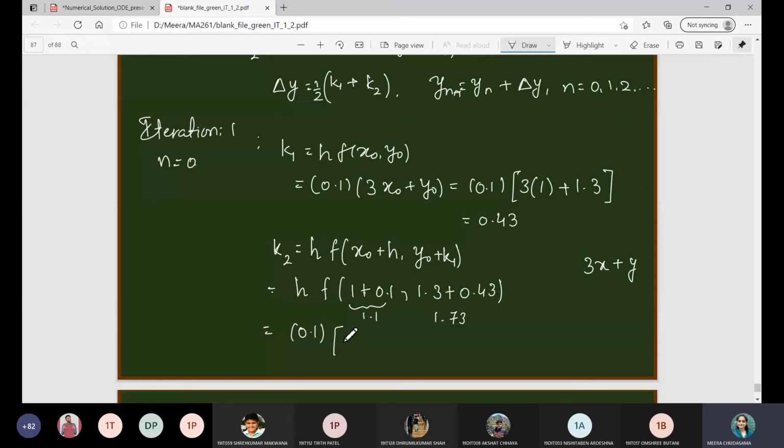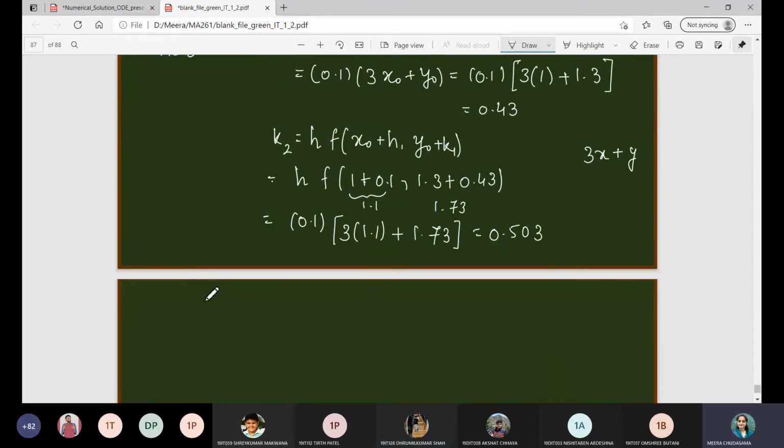So it will be 3 into 1.1 plus 1.73. Compute it. 0.503. Yes, 0.503.